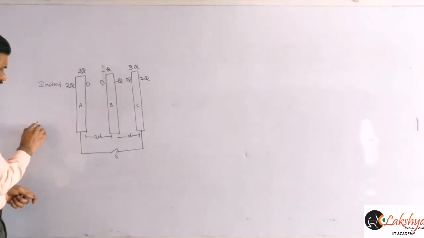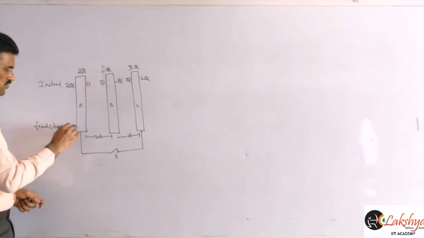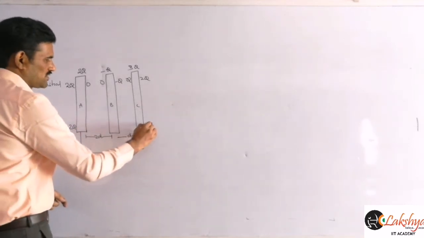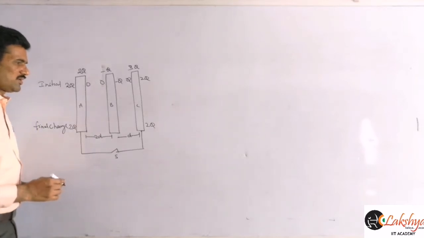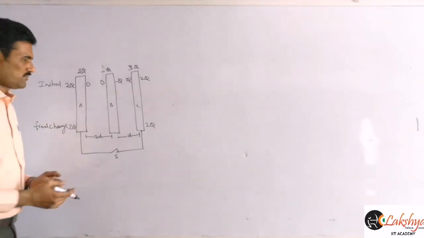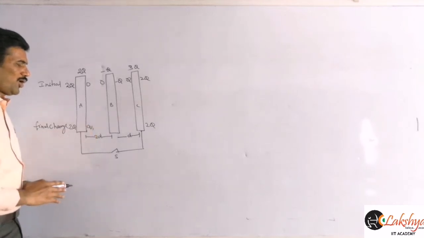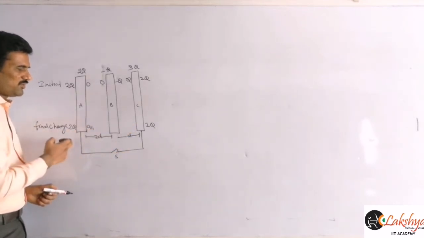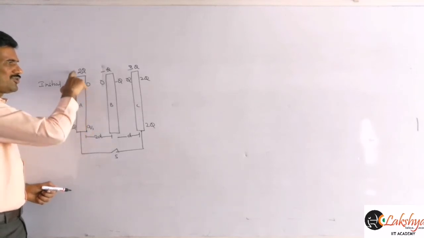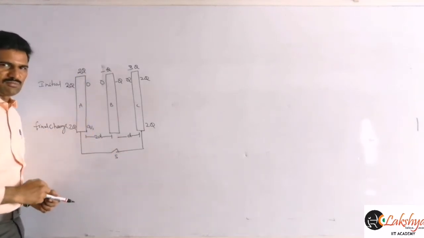So final charges: this will be 2q and this is 2q. Since it is not grounded, the final charges will remain the same, or if you want you can verify that. Now here I am taking it as some q1. This charge need not be 0 here, because some charge may flow from this side, since these two charges need not be equal to 2q, because some charge is flowing through this conducting wire, right?